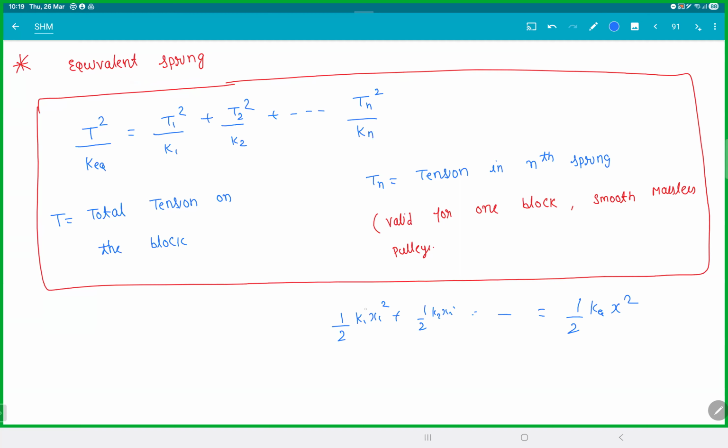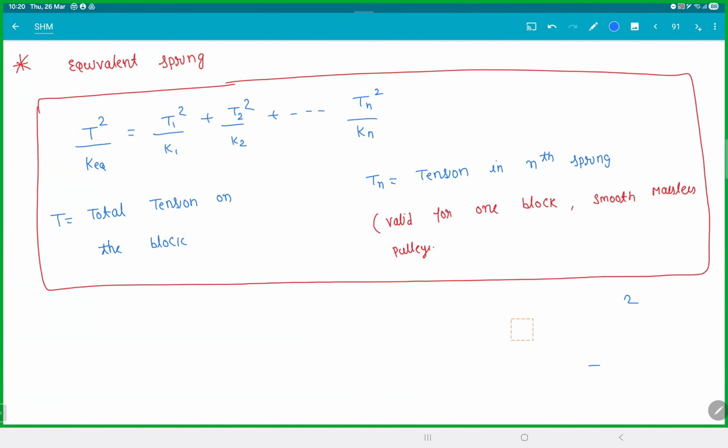Multiply and divide by k: k1 square x1 square by k1, k2 square x2 square by k2, and so on. But what is k1 x1? Tension. So tension square by 2k1. What is k2 x2 square? Tension square by 2k2. This will be tension square by 2k equivalent. 2 will cancel everywhere. You get this formula. Getting the idea? It actually comes from conservation of energy. So your logic is that the total energy in all the springs must be equal to the energy in the one spring.